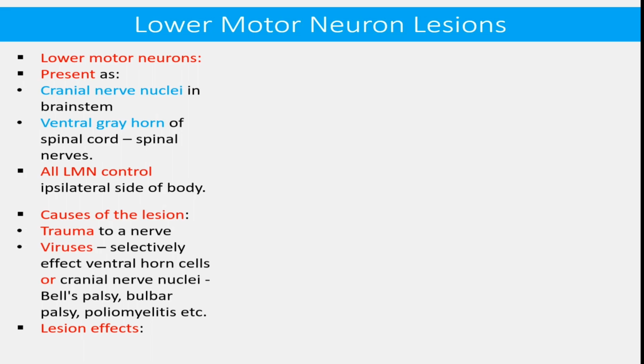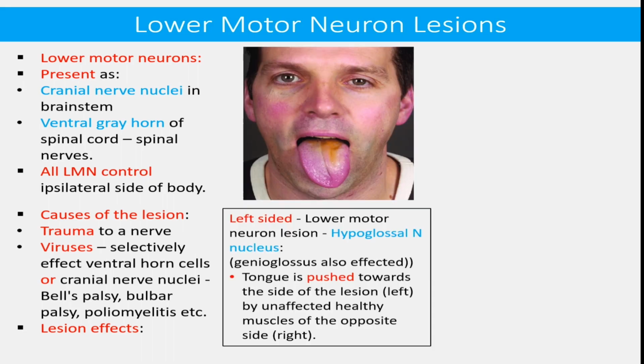All these neurons control the ipsilateral side of the body and can be affected by number one, trauma to a nerve; number two, viruses which selectively affect the ventral horn cells or cranial nerve nuclei, producing certain lesions. Let us have a review.